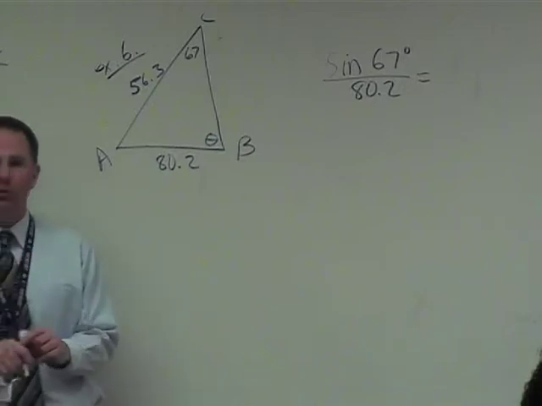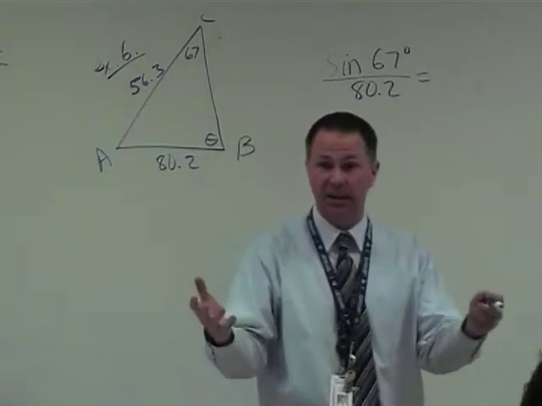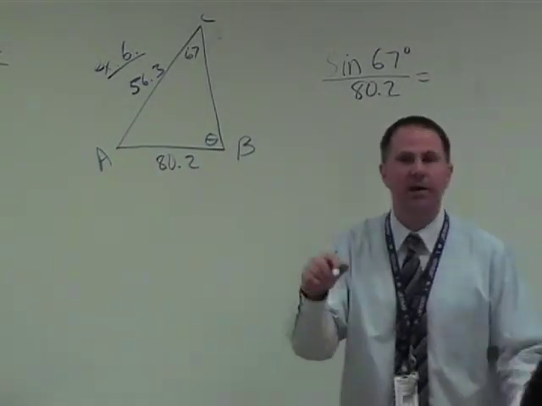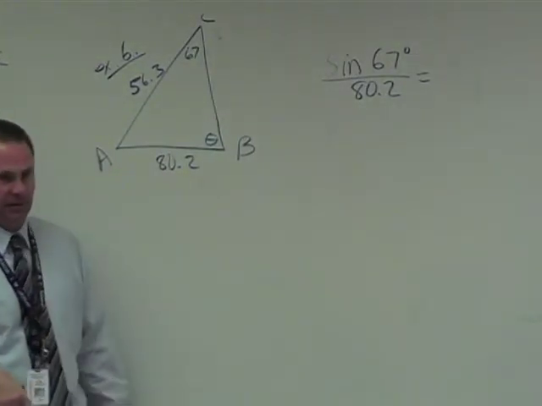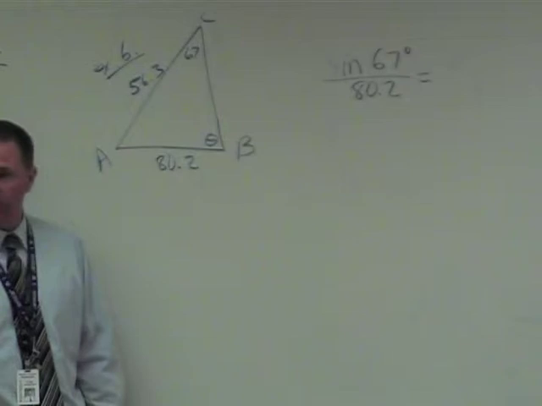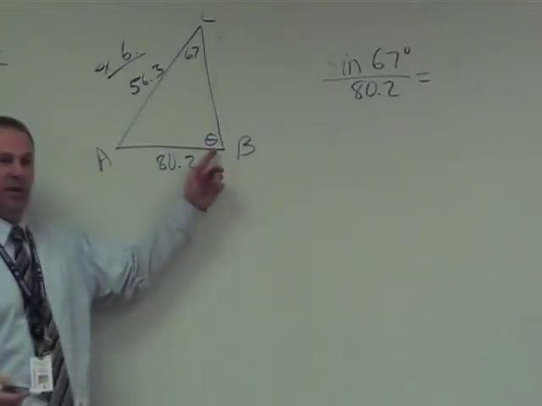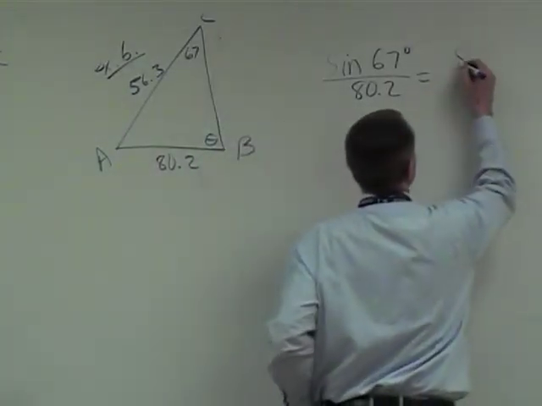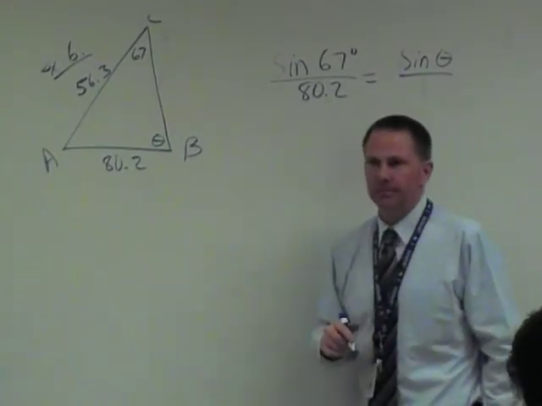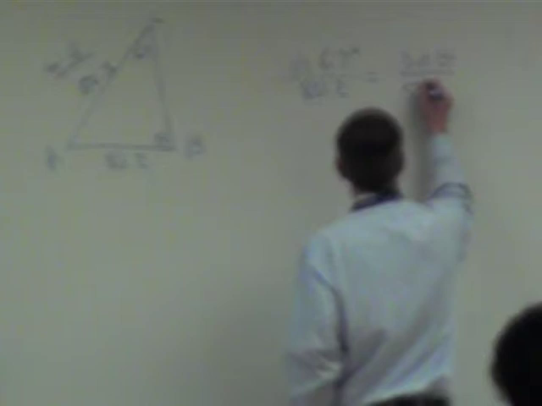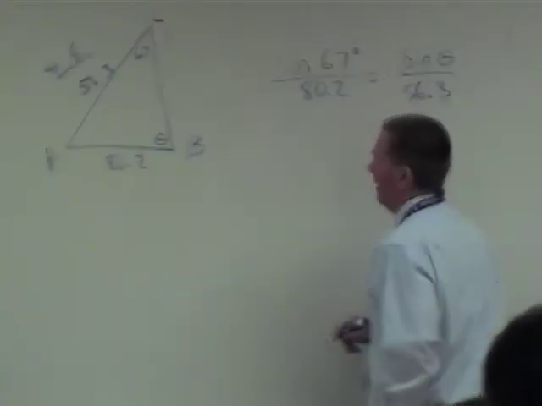It's just like in your proportions, you always had x and you had to cross multiply to find x. This is the same thing. You have a piece of a proportion missing. Which part is missing? What are we looking for? The sine of b. We want theta. So the sine of theta is to what? 56.3.